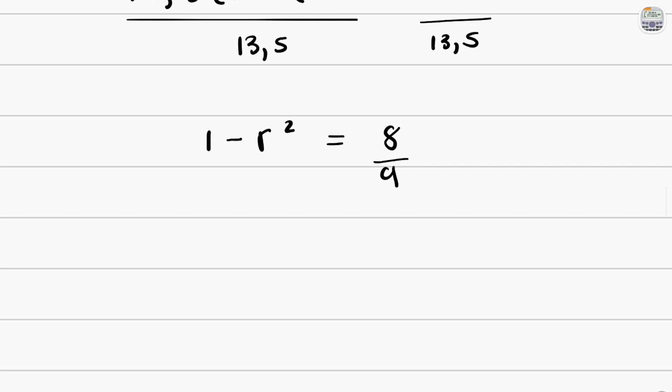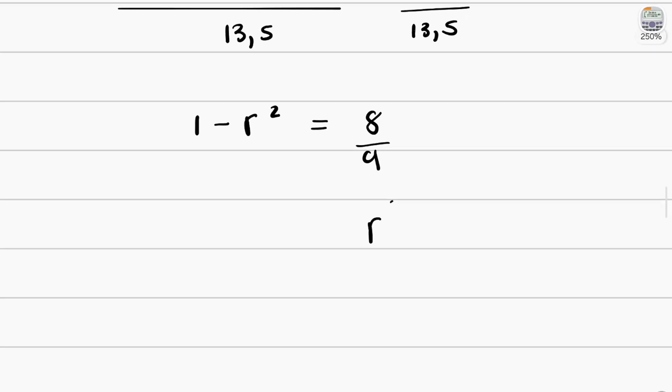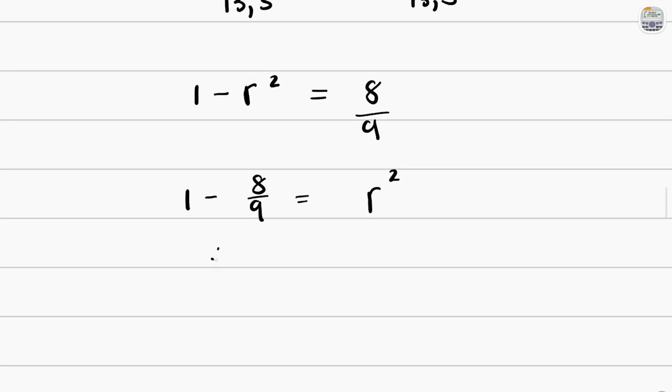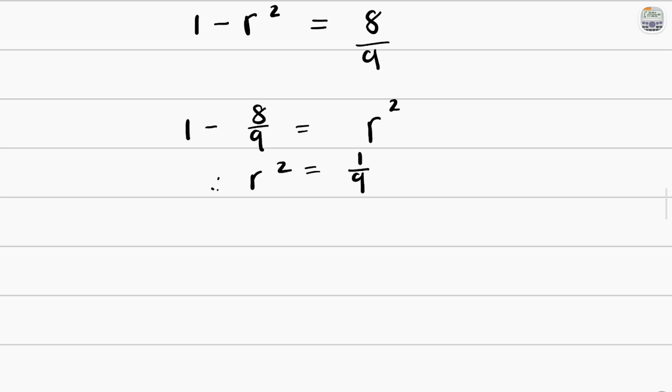Then we can transpose that to make it positive. So r squared is equal to 1 minus 8 over 9, that's 9 over 9 minus 8 over 9, which is 1 over 9. And then finally, we can solve for r.